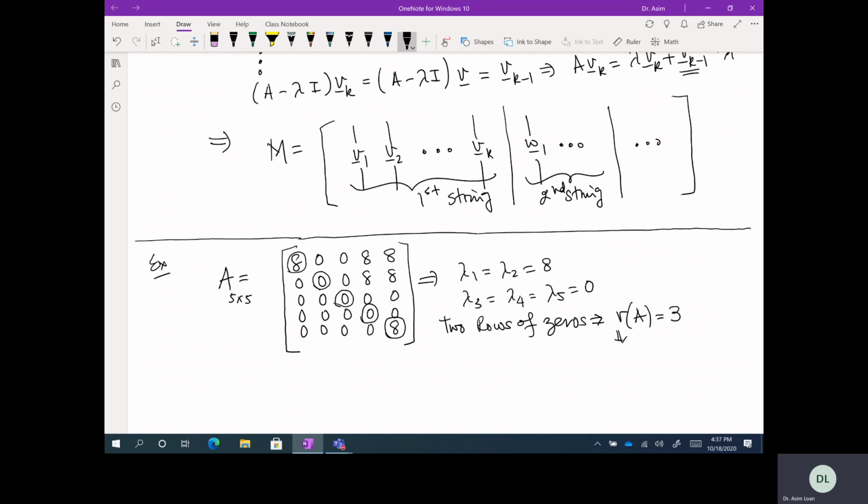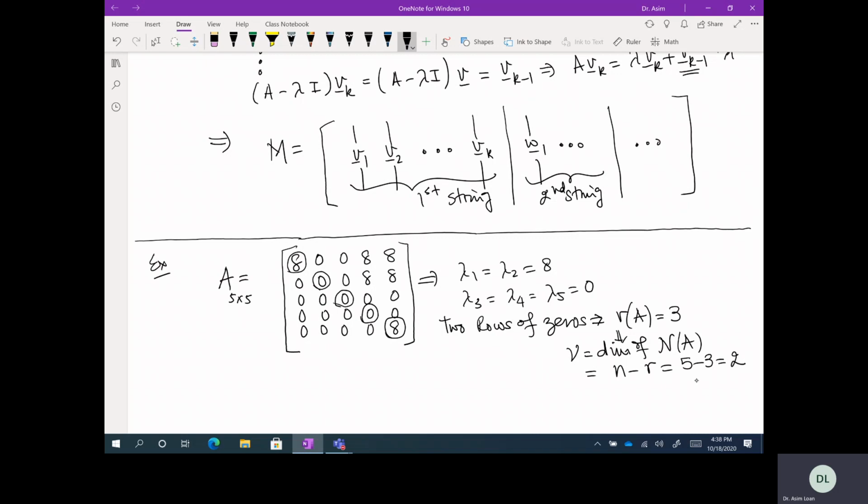This implies the nullity, which is the dimension of the null space of A, equals n minus the rank, which is 5 minus 3 equals 2.